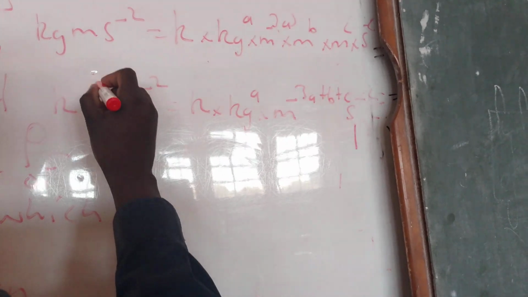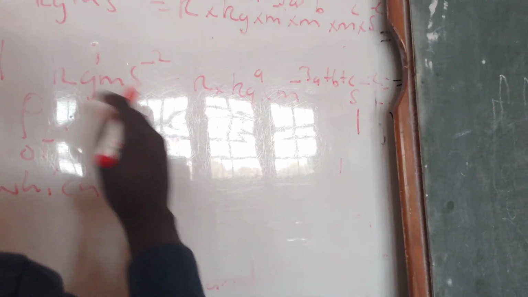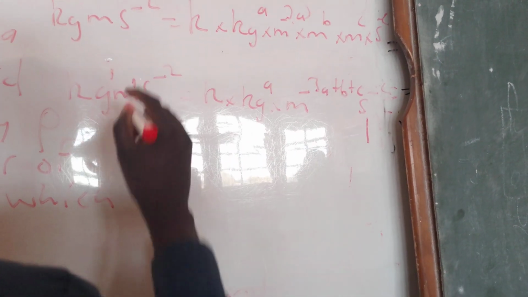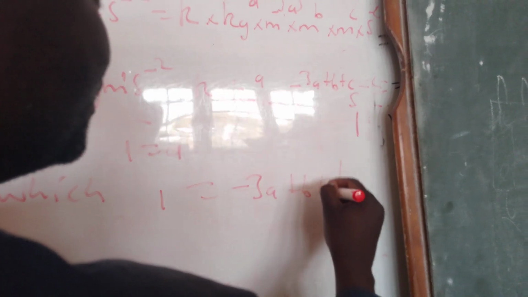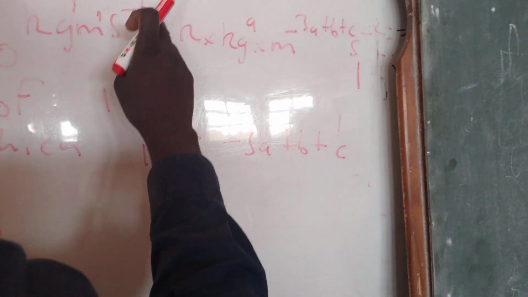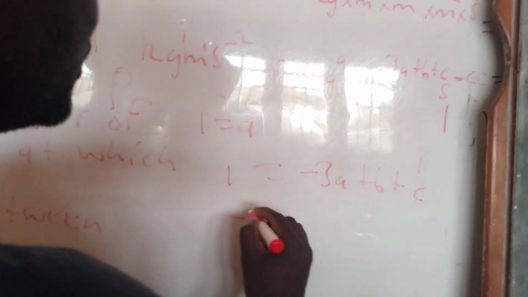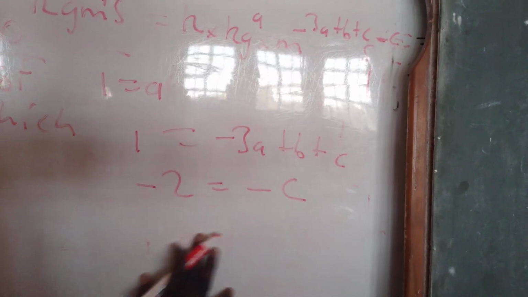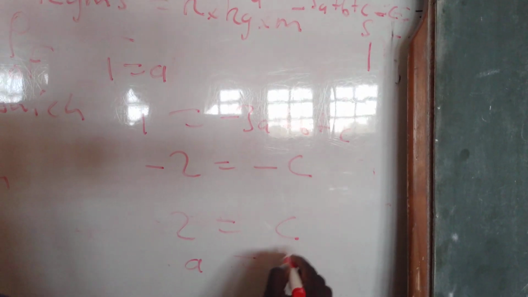Right? So kg is to the power 1 there. This 1 is equal to a. m is to the power 1 there. So 1 is equal to minus 3a plus b plus c. Then minus 2 there is equal to minus c. So minus 2 is equal to minus c. So 2 is going to be equal to c. a is going to be equal to 1.